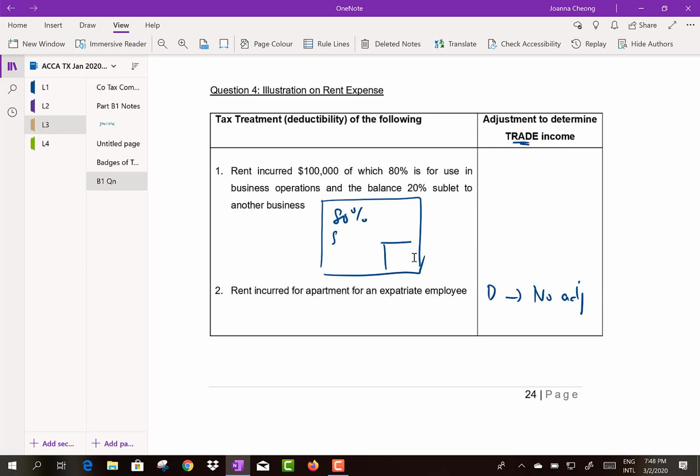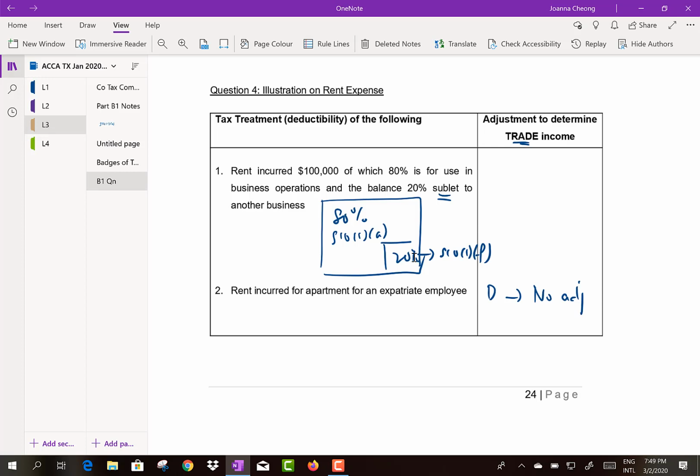So it's to earn 10(1)(a) income. The 20% sublet, that means you rent it out to another business to earn rental income. Alright? You sublet it out. Sublet, that means you rent it out to another business.